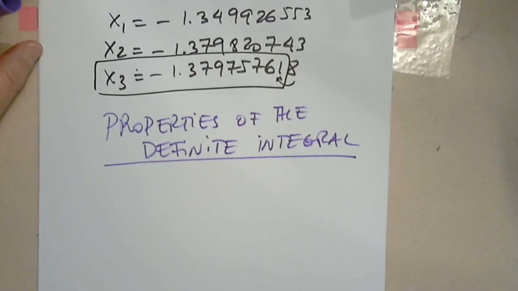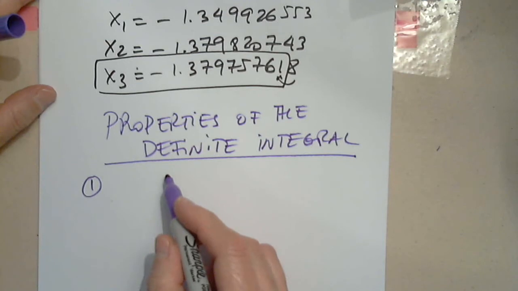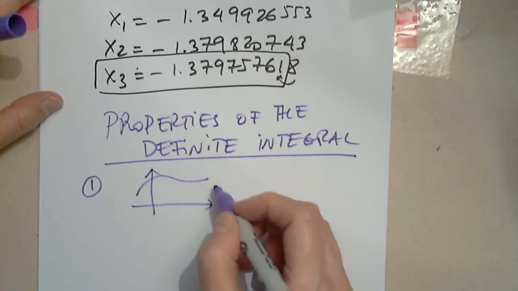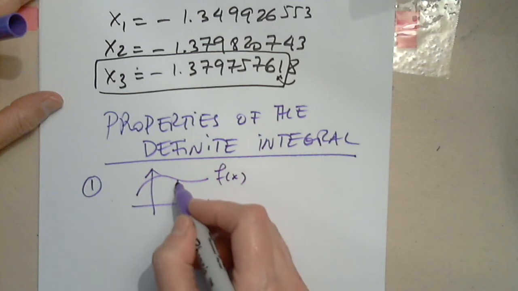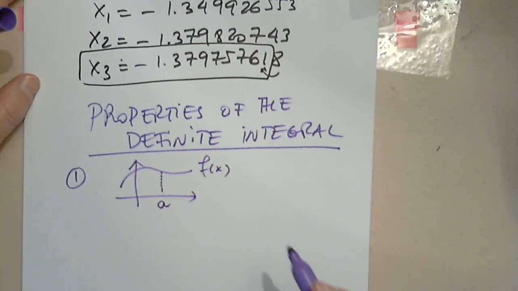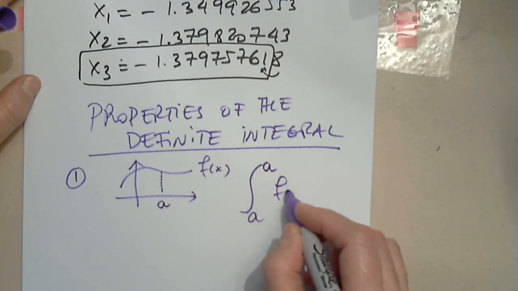The definite integral has a lot of properties, so let's take a look at number one. So here is a function, and this is a, and I'm asking the integral from a to a of f of x dx.